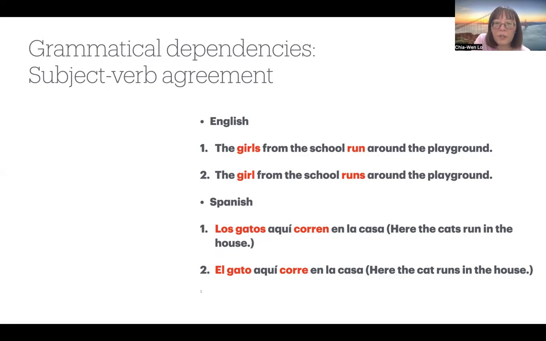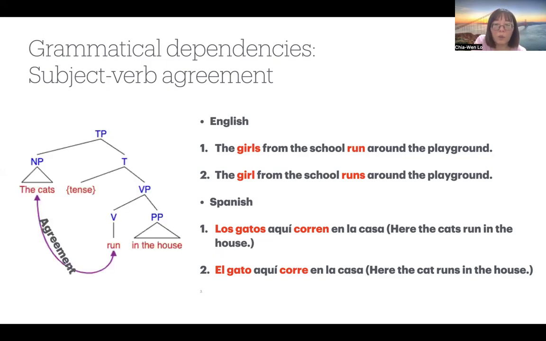We can also observe this agreement in other languages like Spanish. Here, "Los gatos" agrees with the verb "corren," and "El gato," the cat, agrees with the verb "corre." So we can see there is an agreement relationship between the noun phrase and the verb.